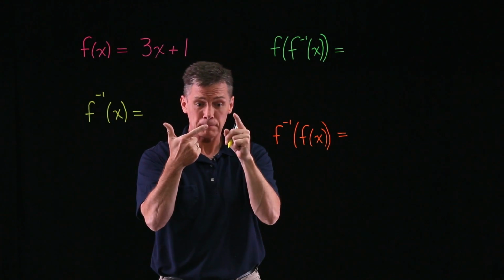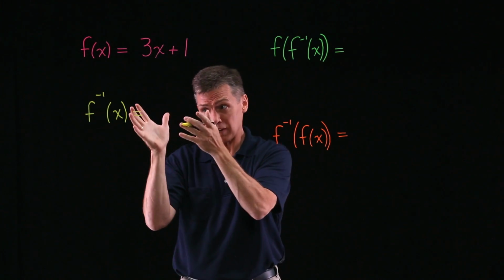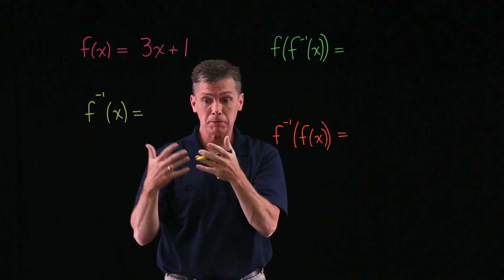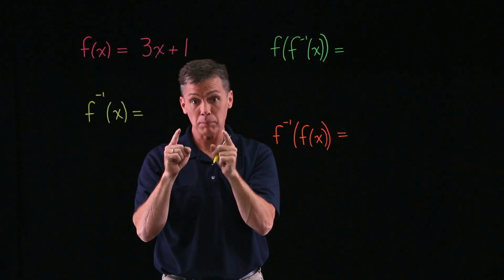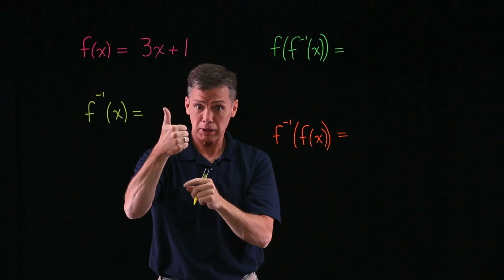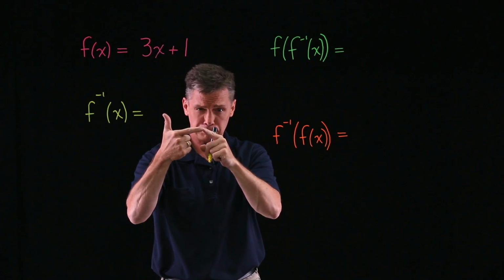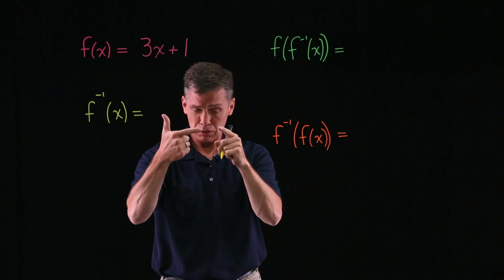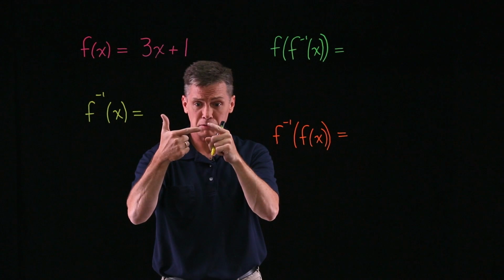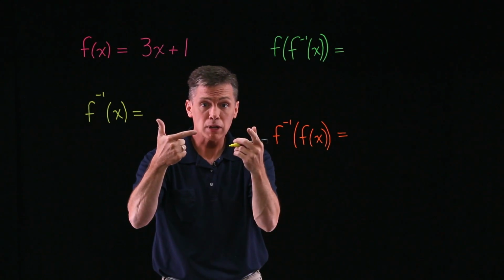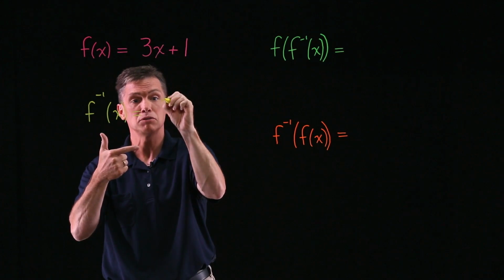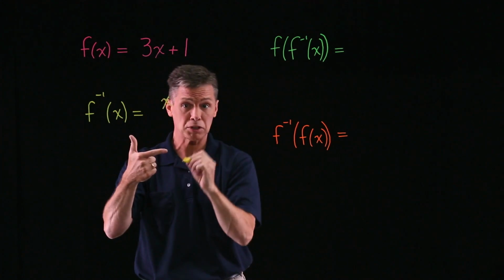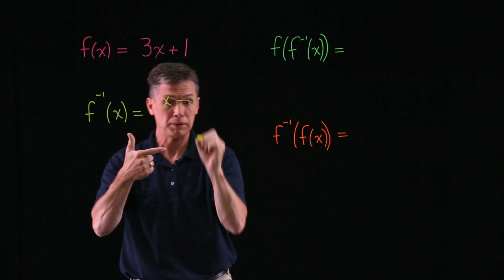And the order is important, because now what we do in order to find that inverse is you have to undo each of those, and you have to undo them in the opposite order. So I multiplied by 3, and then I added 1. So the first thing I have to undo is the opposite of adding 1, which is subtracting 1. So the first thing I'm going to do to that x, that would be my input for this inverse function, is subtract 1.